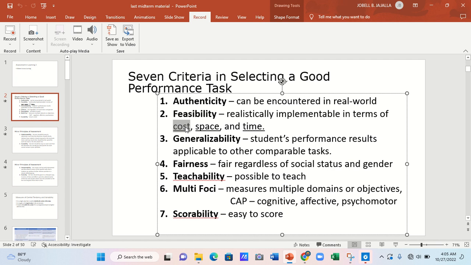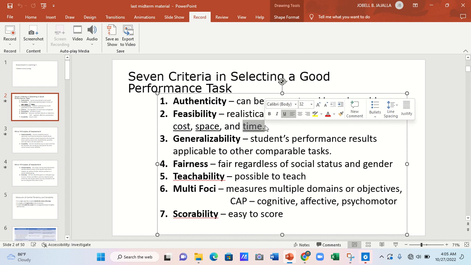Then also the space. You have to ask yourself if you would require more space for the performance task, or if minimal space is the only requirement. Then as well as time.